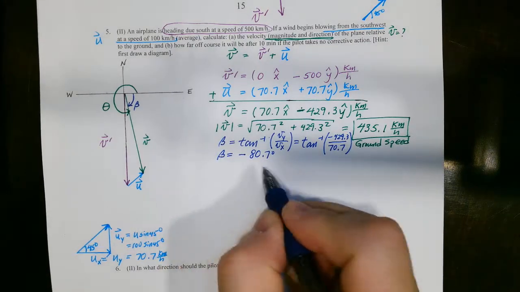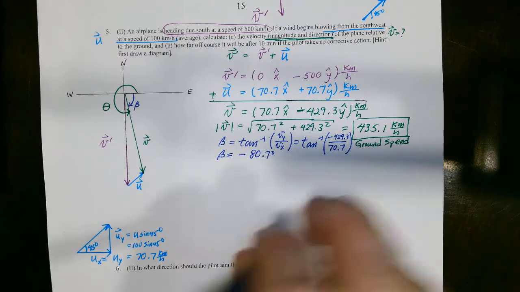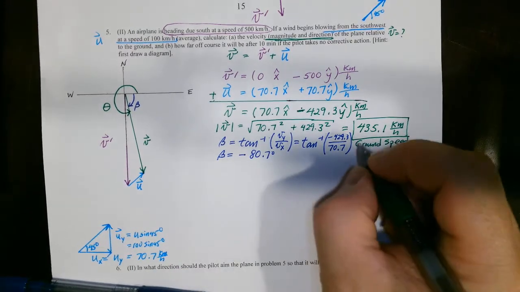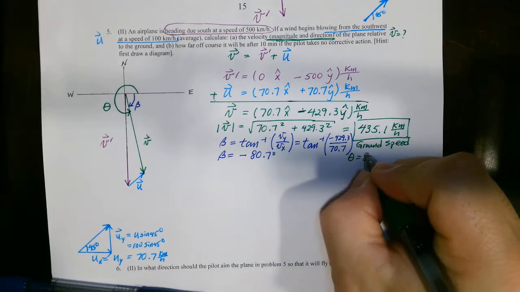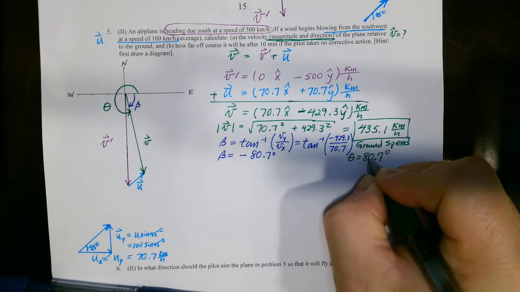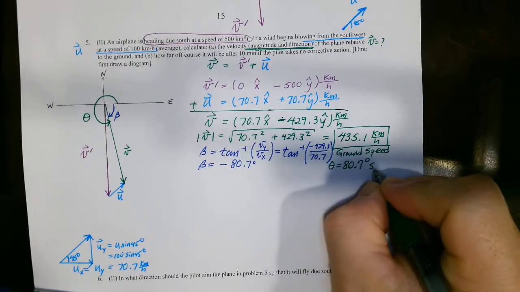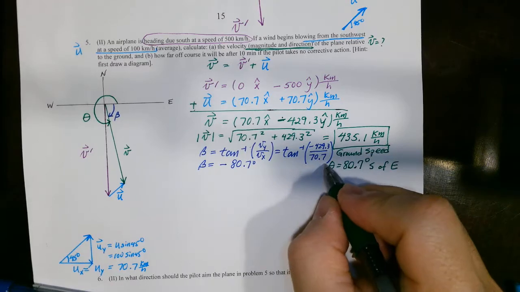So since this is the reference angle, beta, you can say my theta is equal to 80.7 degrees south of east. You could say that.